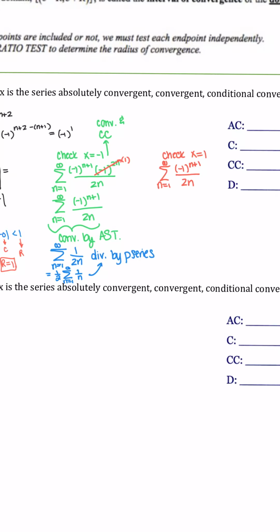And here I can see I get the same exact thing that I had here. So there's no need to do the work again. I know that this is going to converge by the alternating series test, but it is conditionally convergent, because if I take the absolute value of the series, that will not converge.